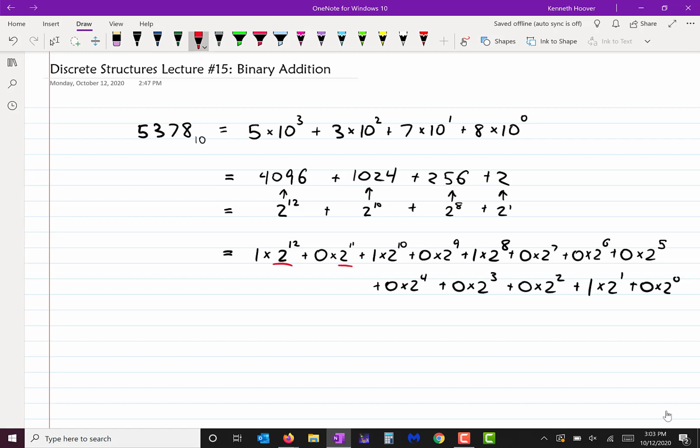So now I have that number written as a sum of powers of 2.